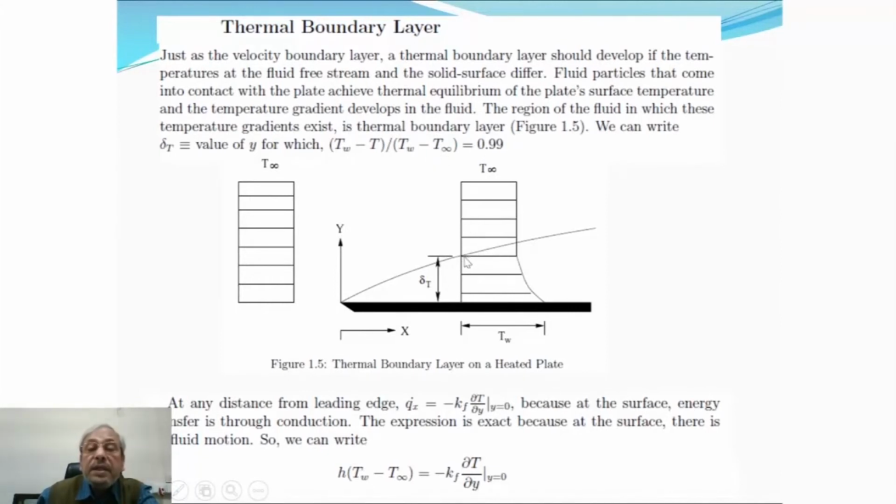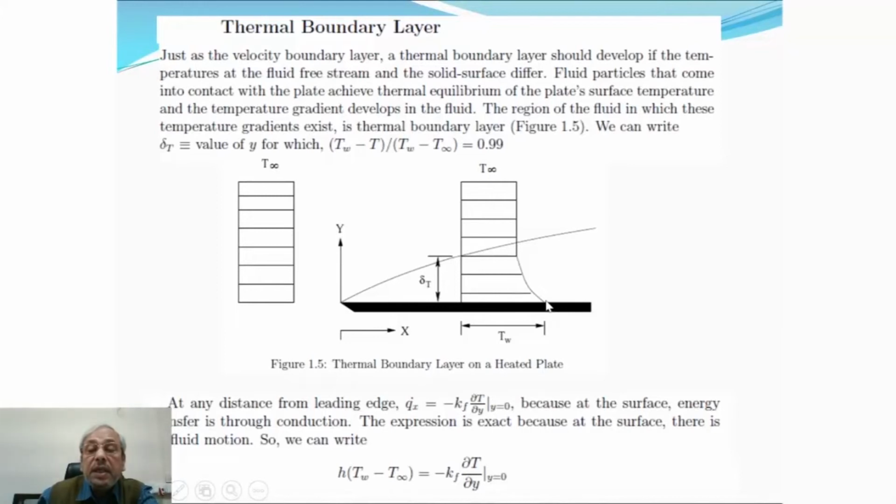But when it approaches the value of T infinity, just at the onset of touching T infinity, we can call that distance delta T. So we have given 0.99, just like the velocity boundary layer. So this delta T is basically the thermal boundary layer thickness.